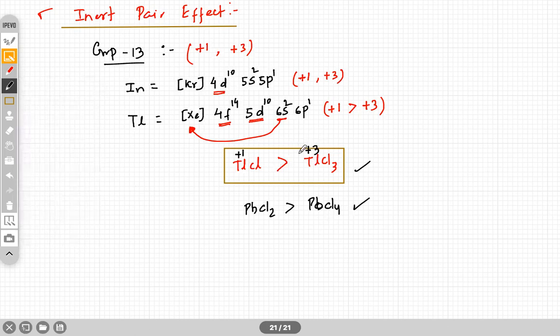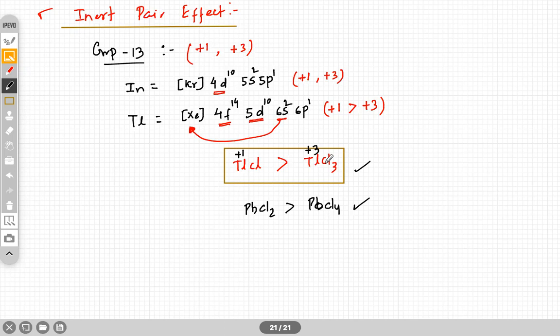To form this +3 oxidation state, you have to provide a lot of energy to remove these 2 electrons. And hence this is at higher energy state, because you are giving energy to remove these 2 electrons, and higher energy state is the less stable state. So if given an option, Tl will take +1 oxidation state because that requires less energy.